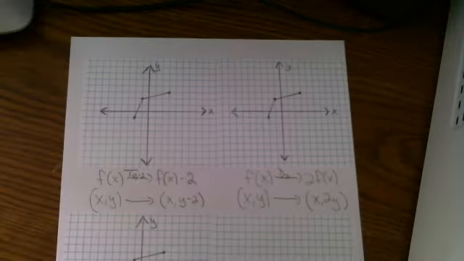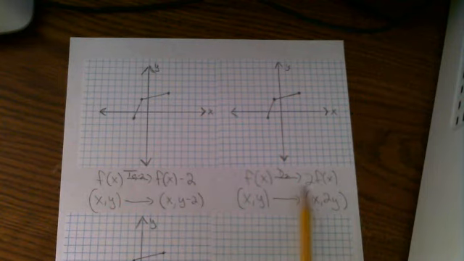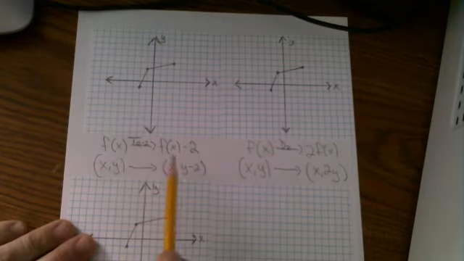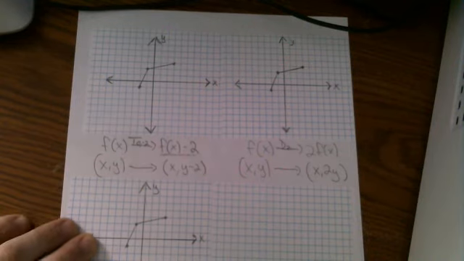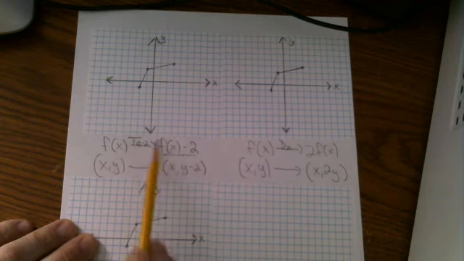Here's a couple more. Pause the video and please find f of x minus 2 and 2 times f of x. So, if you've completed this correctly, you should have recognized that f of x minus 2 is asking you to move the graph down 2. It's a vertical direction because the y value is being manipulated.